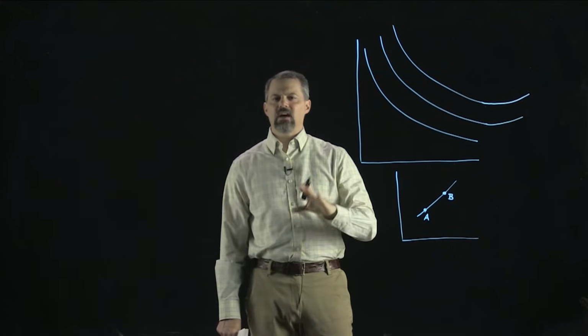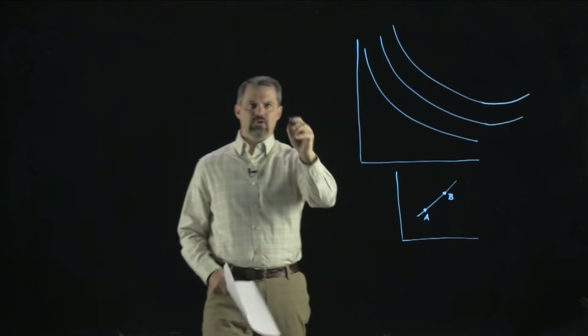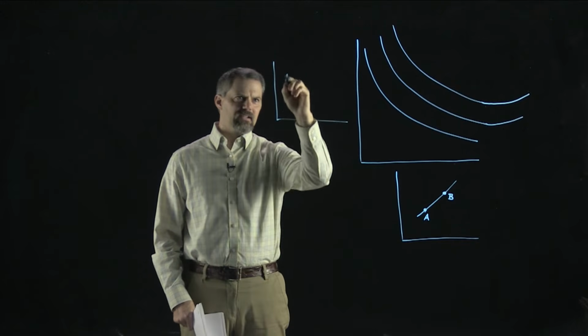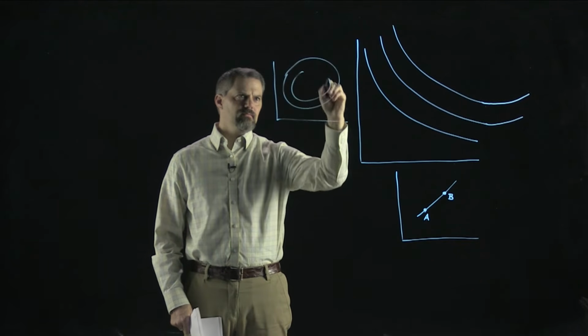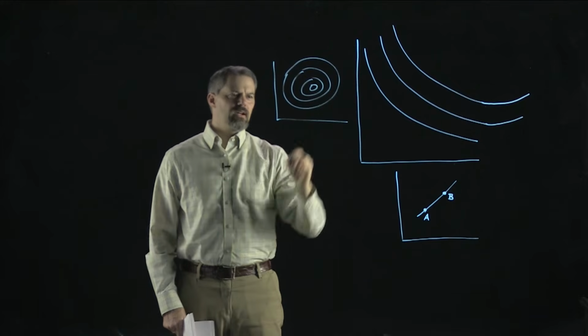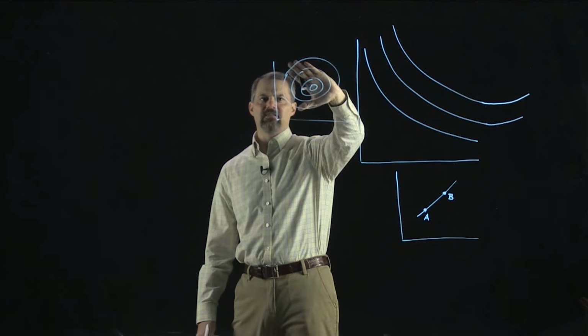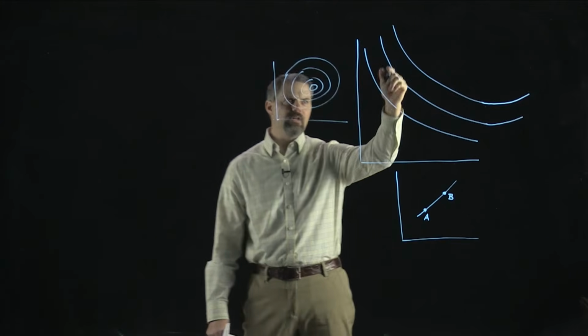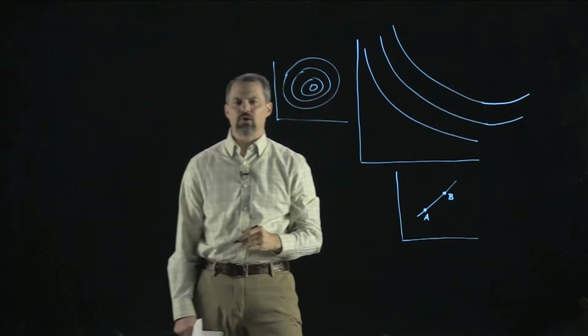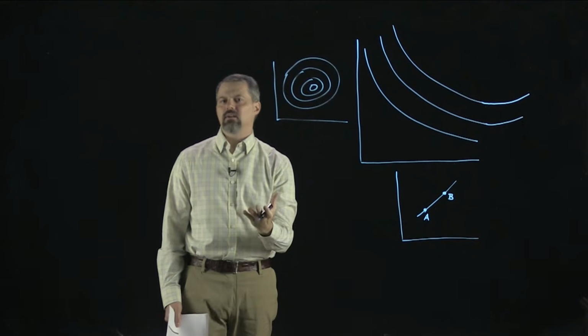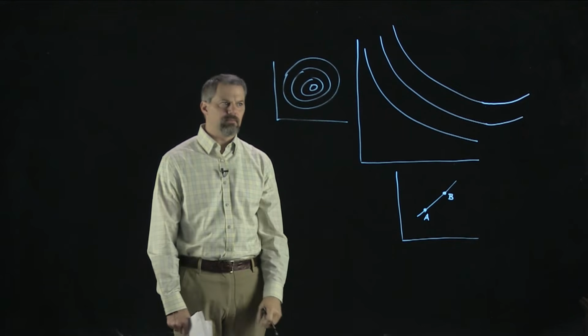When you look at the topographic map, you're going to see things that look like this. Since we're talking about indifference curves, we're never going to have this portion of any of that. We're only going to be thinking about the downward sloping part, because that's the part that's consistent with human behavior.